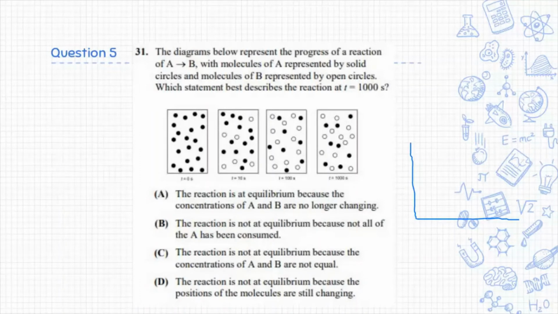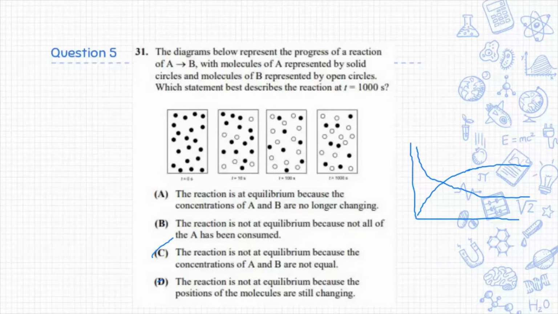Just drawing it with my mouse quickly. He said that once these curves flattened out, then the reaction was at equilibrium. Well, the concentrations are not equal. That's just not a condition of equilibrium. So C and D are both out of the running.